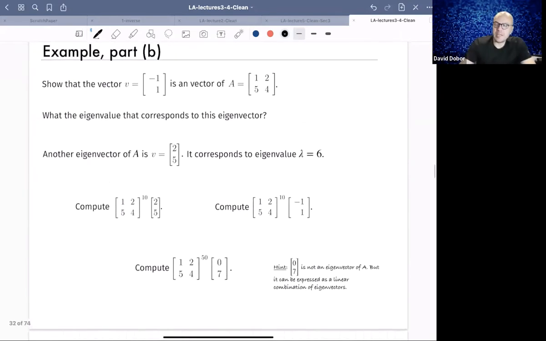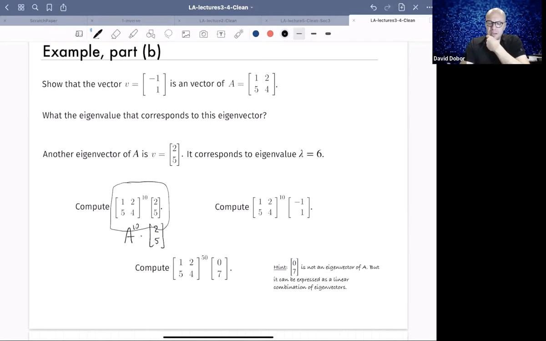Now let me ask you this before we move on. What is the 10th power of A applied to this eigenvector, 2, 5?